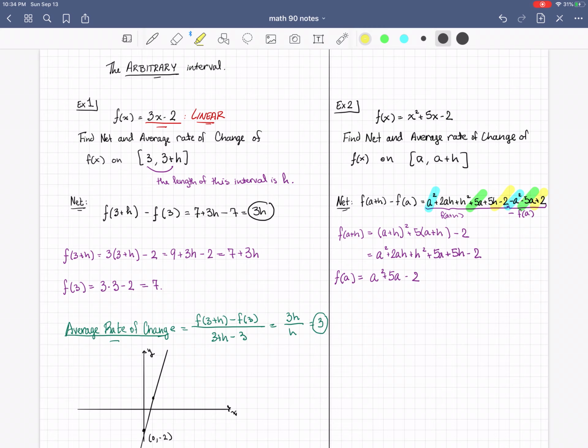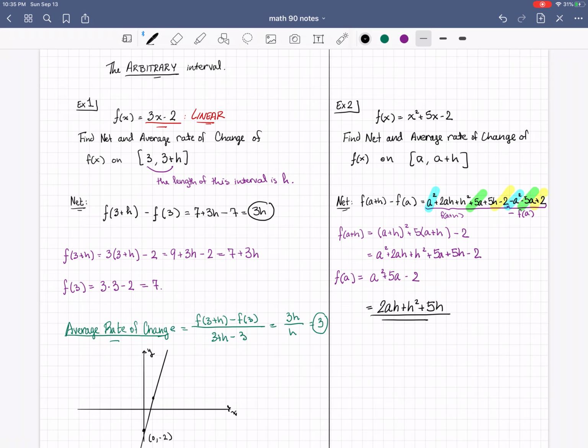So what are we left with? What is the final fully cleaned up net change? We have 2ah plus h squared plus 5h. So that is our net change.